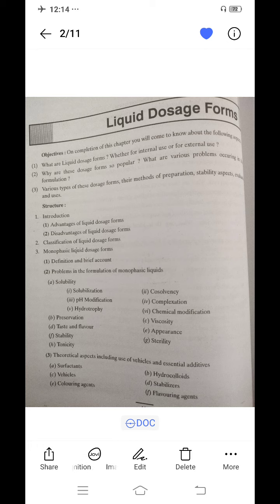Then mercurials are thimerosal, phenylmercuric acetate or nitrate, and nitromersol. These are the mercurial preservatives, and their concentration should be between 0.001 to 0.005 to 0.1%.